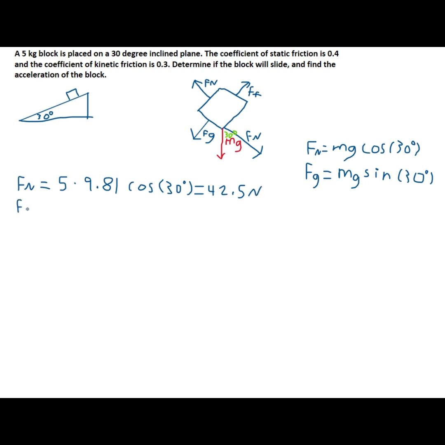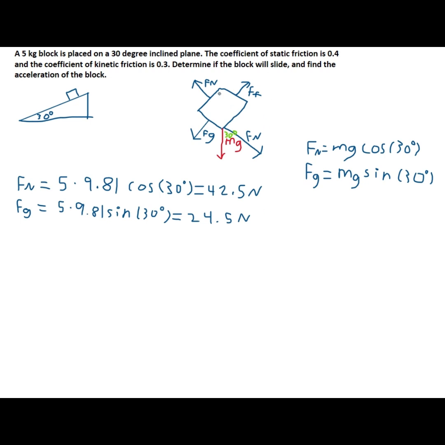Then the force of gravity is equal to 5 kilograms times 9.81 meters per second squared times the sine of 30 degrees. And this is equal to about 24.5 newtons. Since we used the SI values here, our answer came out in newtons.